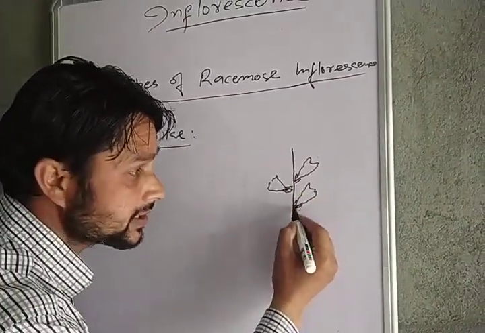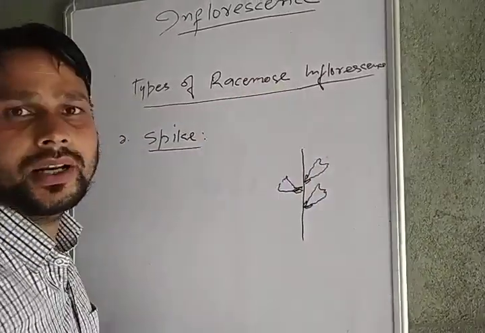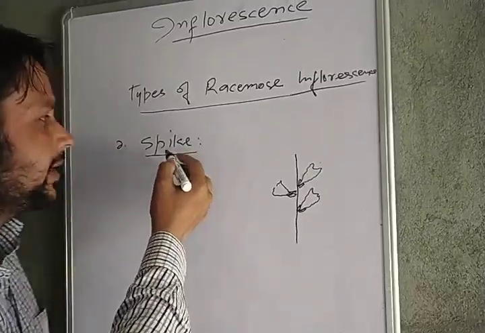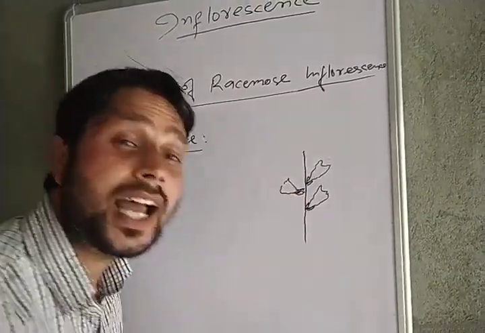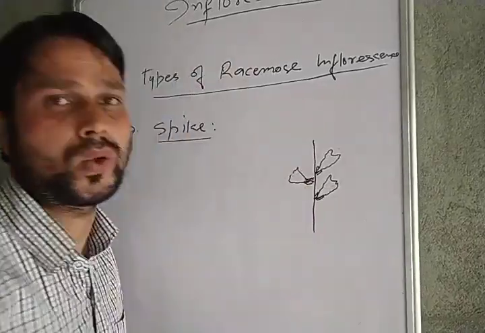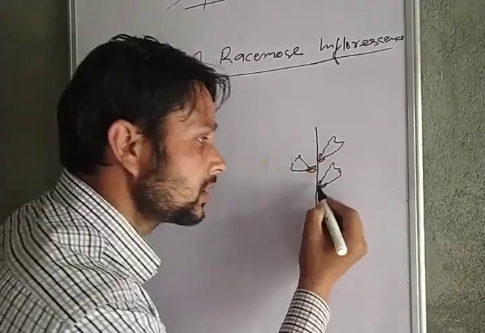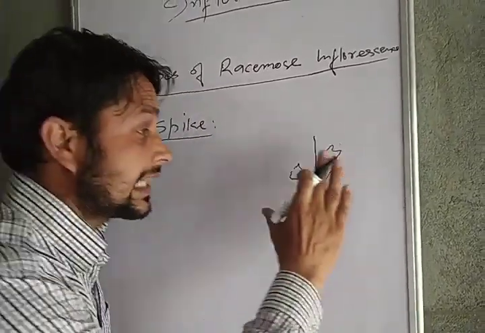That means the pedicel remains absent. The condition is the same in acropetal manner, like in a typical raceme. But in spike there are sessile flowers which remain attached to the peduncle, or to the floral axis. So this is spike type of inflorescence, and here the flowers are sessile.